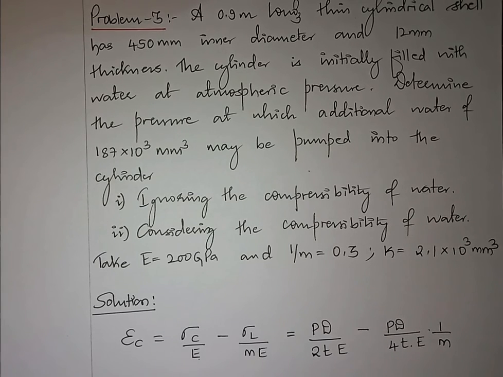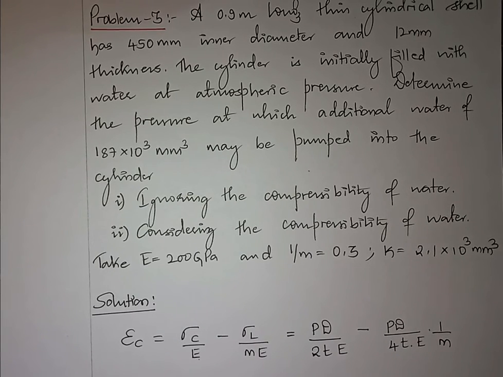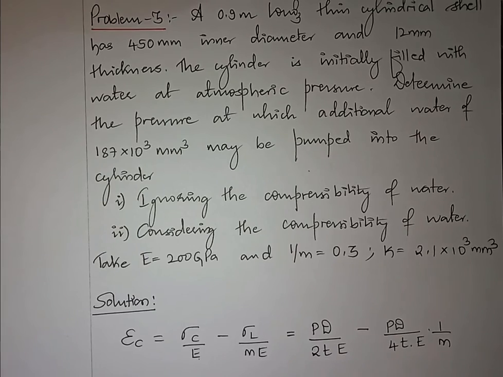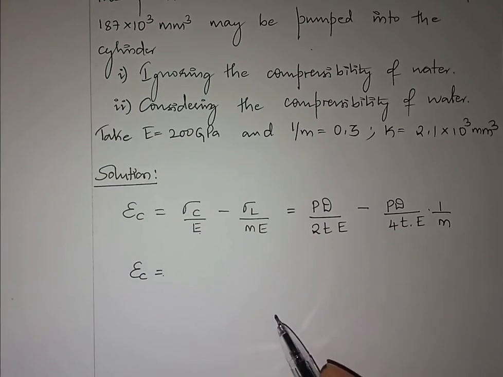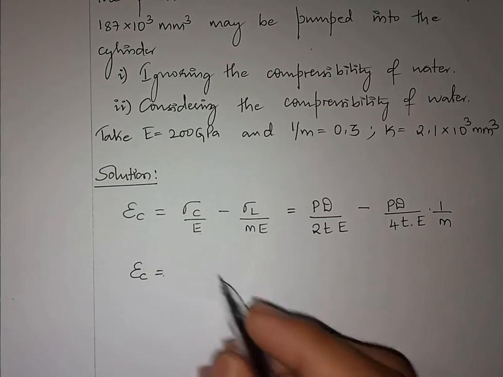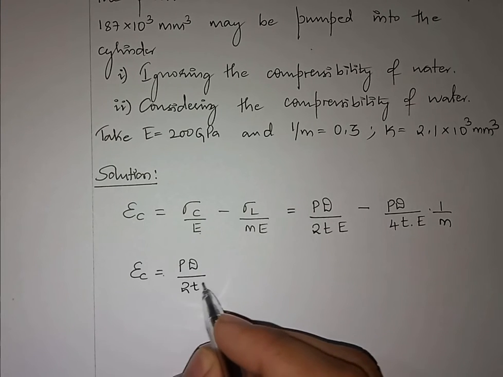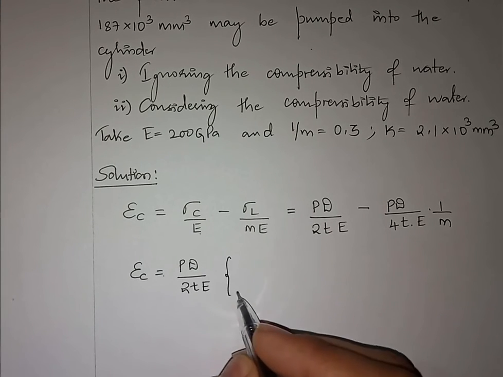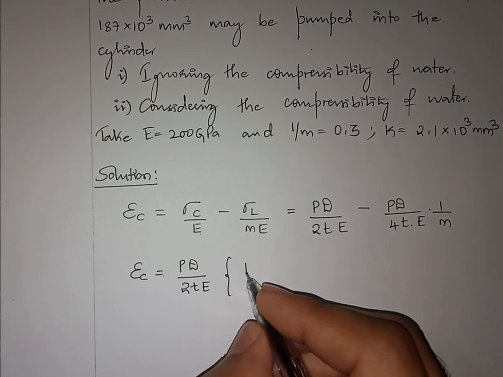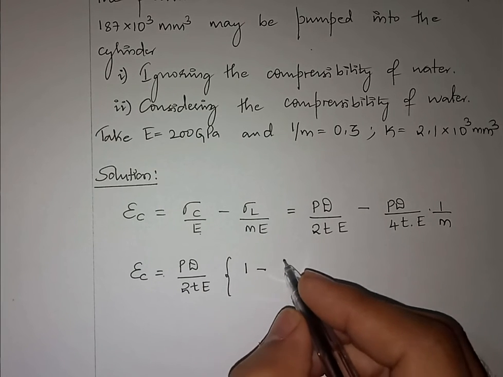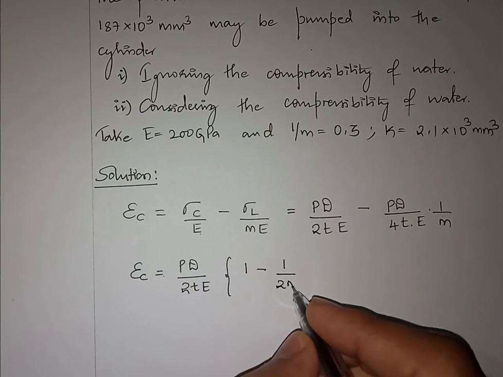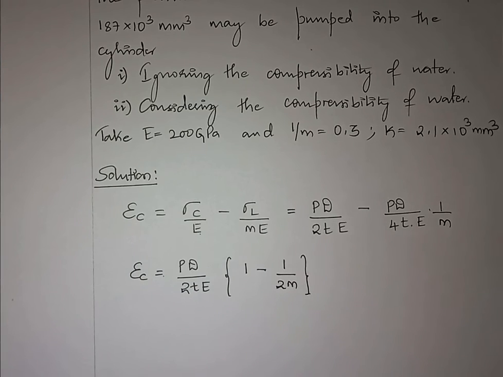So therefore epsilon C is equal to, if I take PD by 2TE as the common term, what will be remaining here is 1 minus 1 divided by 2 into m, right?